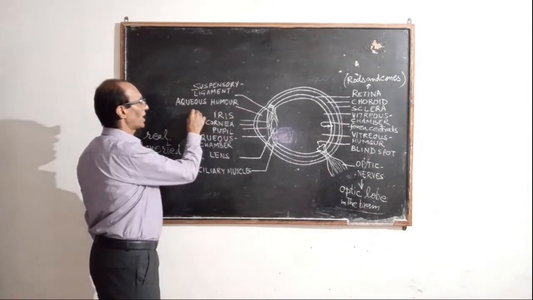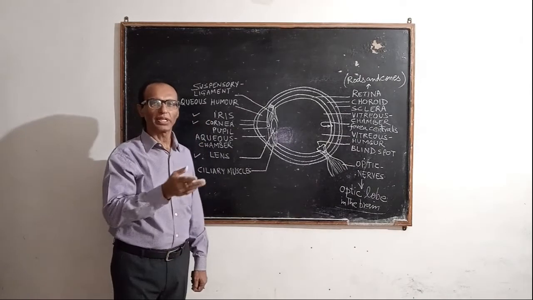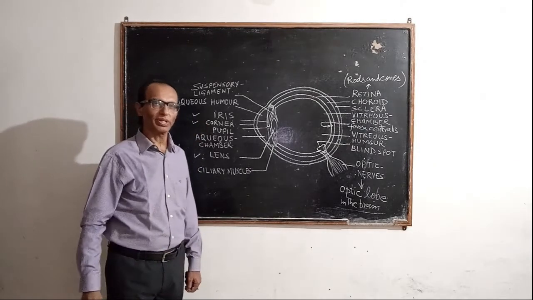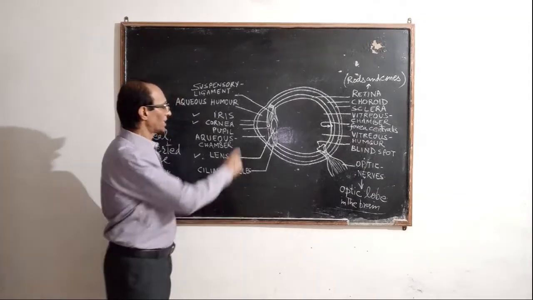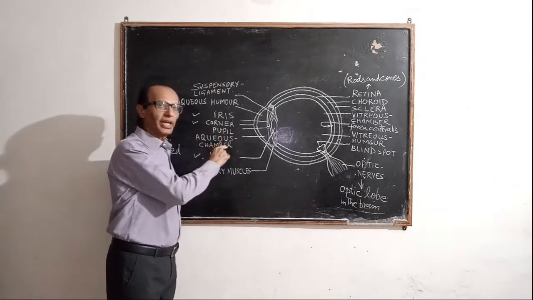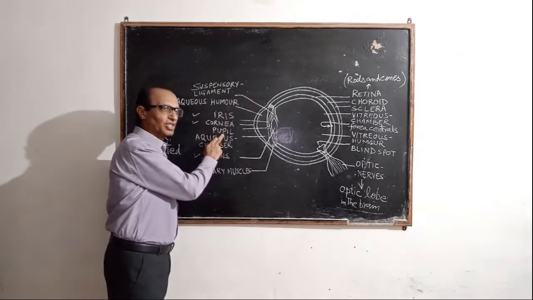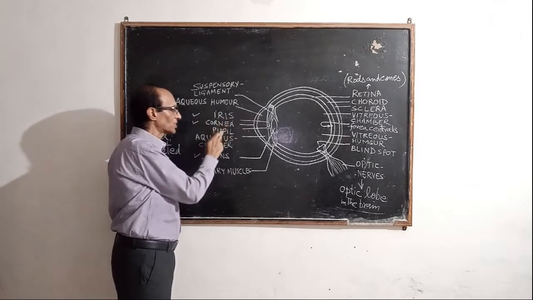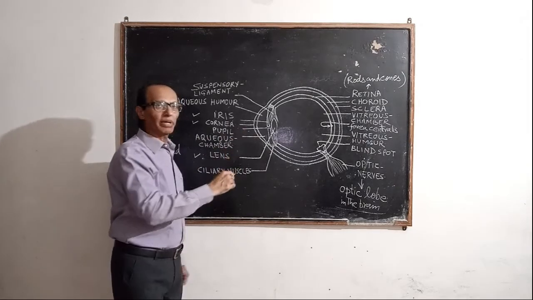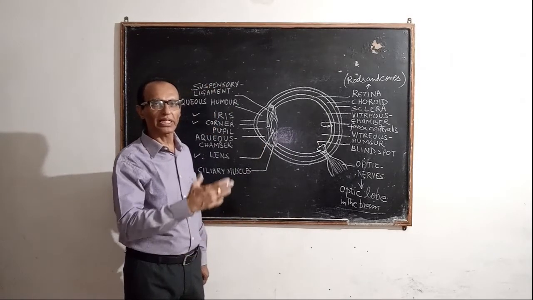The iris is that colored circular portion in our eye that we see when we look into someone's eyes. It contains a small hole-like structure, which we refer to as the pupil. When we are in bright light, the iris will contract the size of the pupil so that a limited amount of light enters the eye, because the retina is a very sensitive layer and should not be affected by too much brightness.